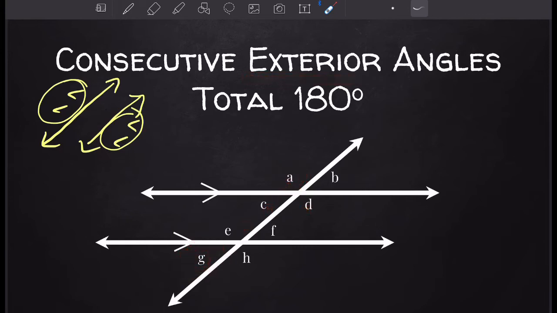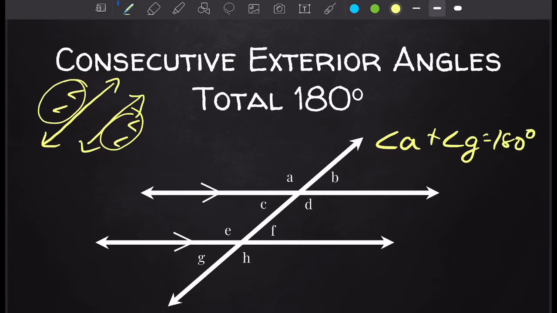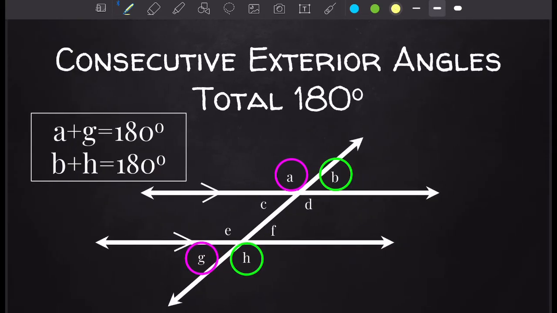So angle A plus angle G equals 180 degrees because they are consecutive. Both of them are on the left side. Exterior, both of them are outside the parallel lines. And they total 180 degrees. Look at this.